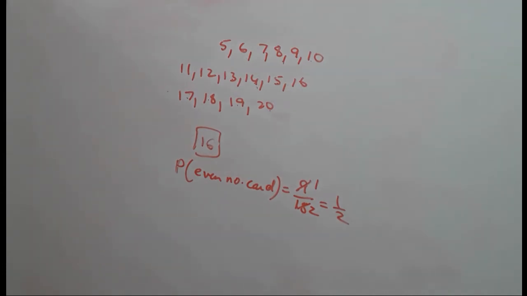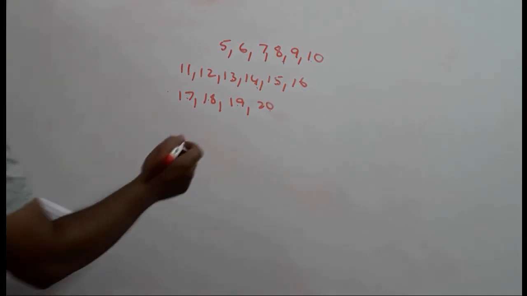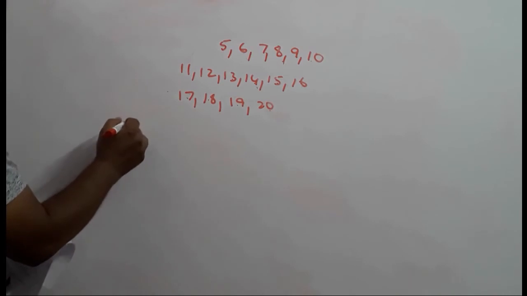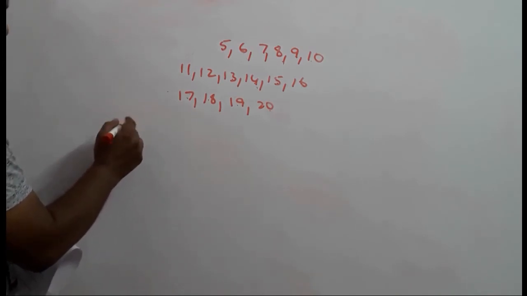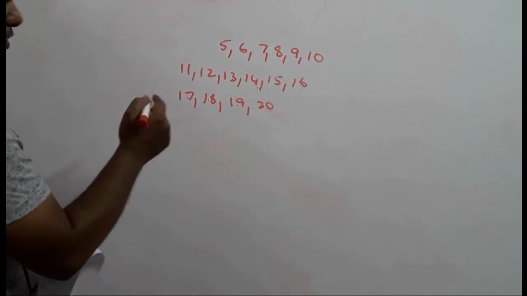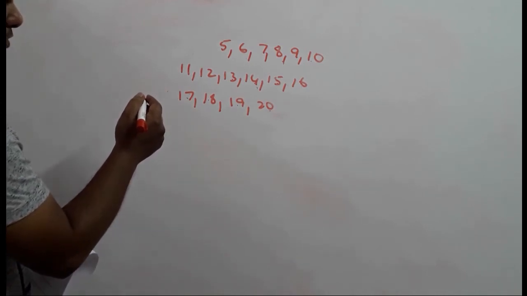Okay, so if you have a look, you will be able to see which are the perfect squares in this collection of numbers. Okay, we'll just write down a few of them so that you can understand them.